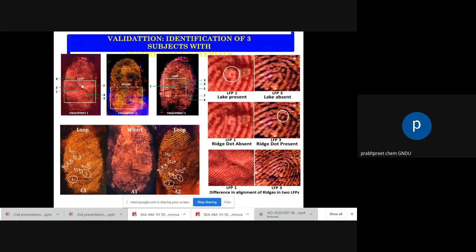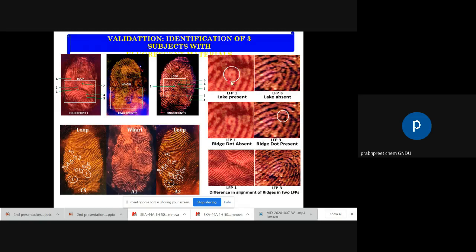These three fingerprints are taken from three different subjects, and the first and third subjects have the same pattern, that is a loop, whereas the second subject has a different pattern, that is a whorl. So we can identify the second subject from these two. But when we look into the loop pattern of the first and third subjects, we can differentiate by using the second level of information.